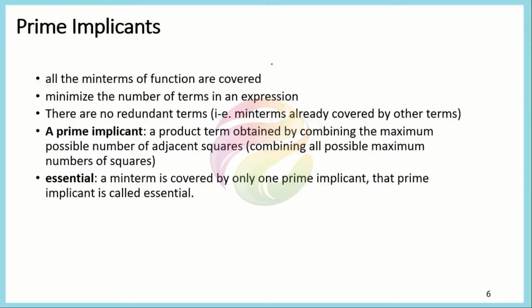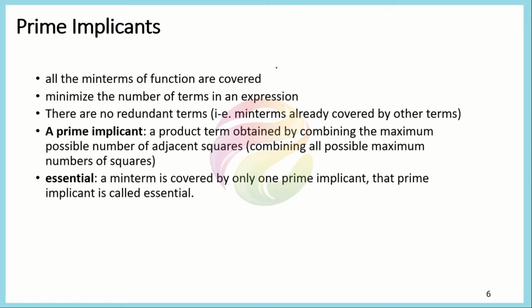And now we will be discussing another important term, which is known as the prime implicants. For the prime implicants, first we need to represent the function in the form of minterms. We make sure that all the minterms are represented and there is no redundancy, meaning that if a minterm is covered, we will not write a 1 again here.